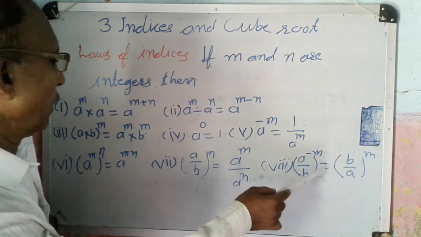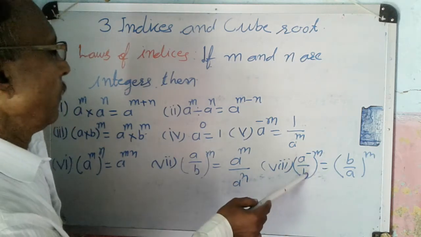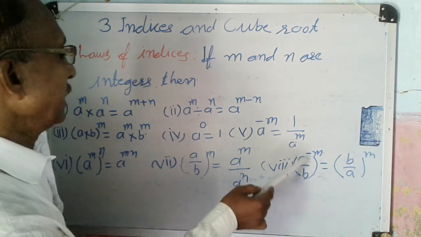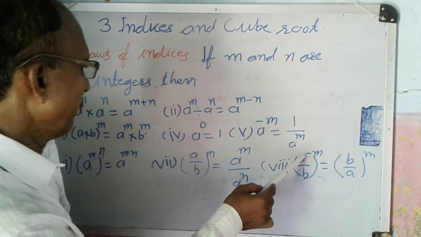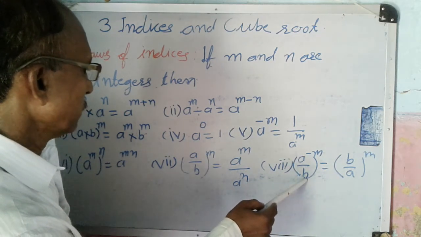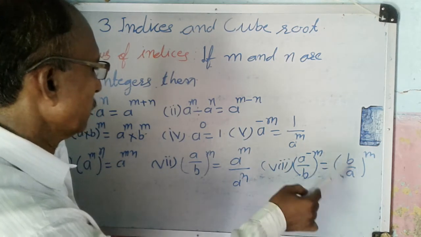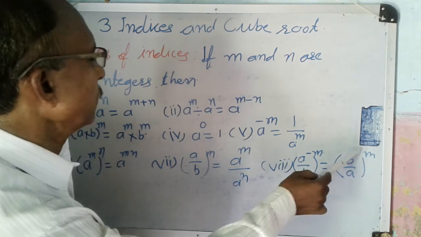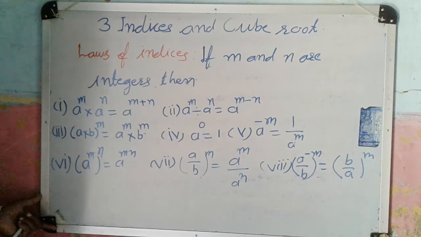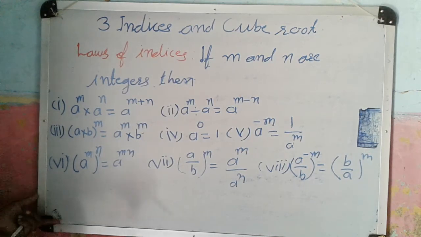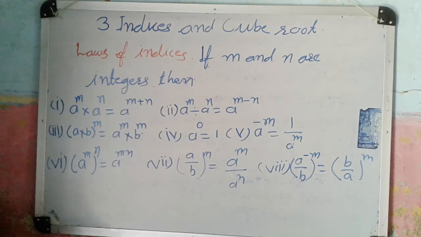If you want to make this index plus, then take the inverse of the base. So here the base is a upon b, then the inverse is b upon a, and the index becomes positive, minus to positive. These rules we have studied. Now we will solve some examples on these rules.